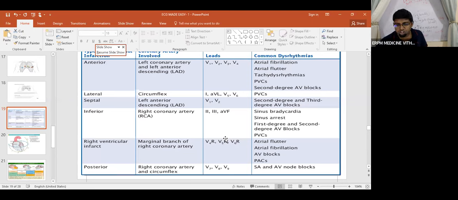If there is a change in V5, V6, lead 1 and AVL, you should understand there is something going on in the lateral side of the heart. If there is a change in V1, V2, V3, V4, you should be able to interpret there is something wrong in the anterior surface of the heart. Understood? That's why this is important.